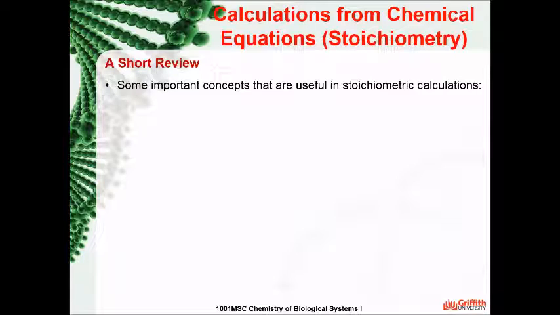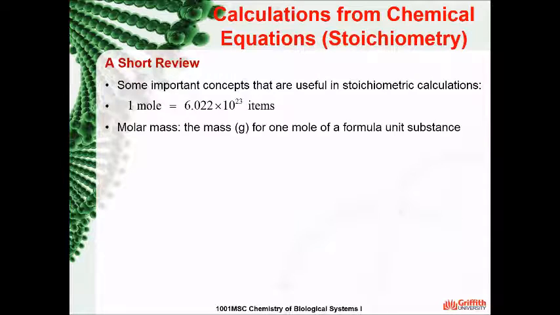First, let's review some of the important concepts that you will need to understand for today's topic. Remember that 1 mole is a measuring unit and is equal to 6.022 times 10 to the 23 items. Molar mass is the mass of 1 mole of a formula unit that can be an atom, a molecule, or an ion.